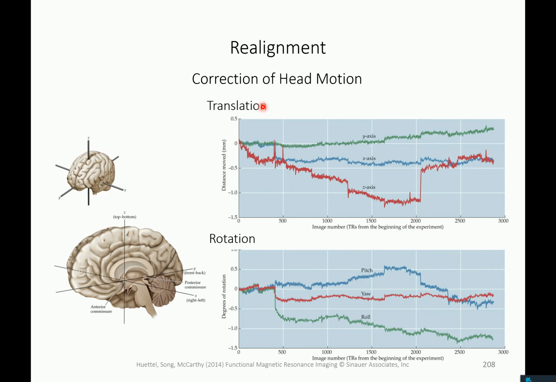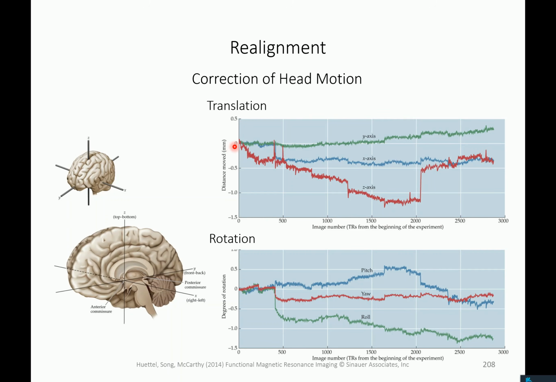So how that then looks in a more applied setting is as follows. If you run a realignment algorithm, what you have to specify is a reference image, and then the realignment algorithm estimates the translation and the rotation with respect to the reference image, which is usually just your first image.